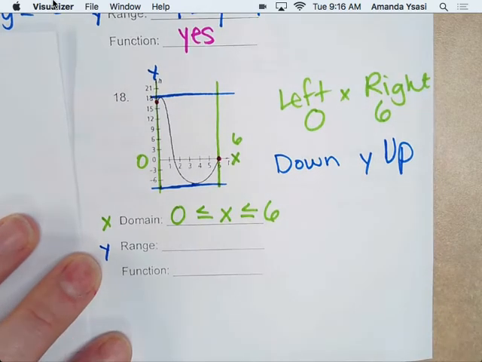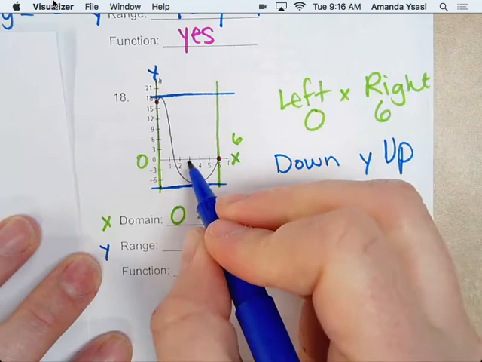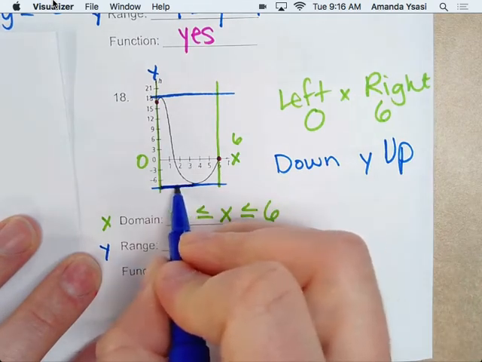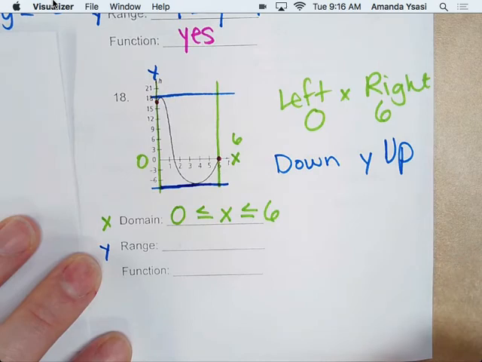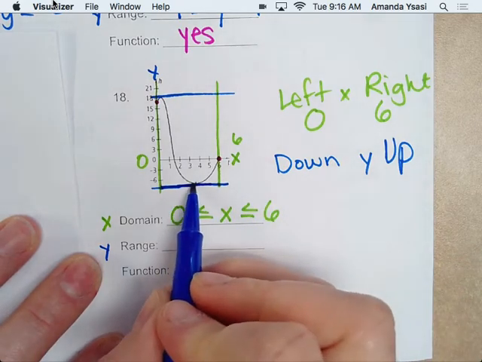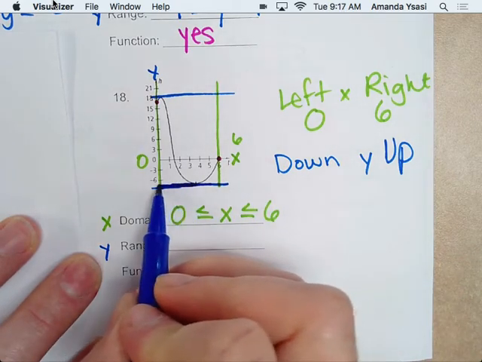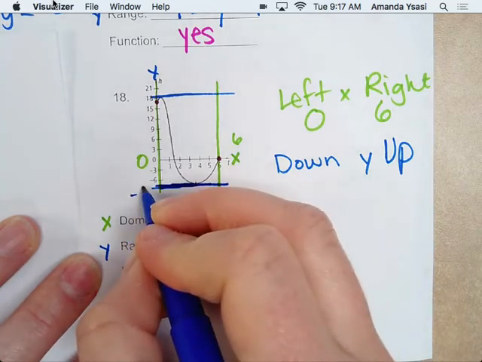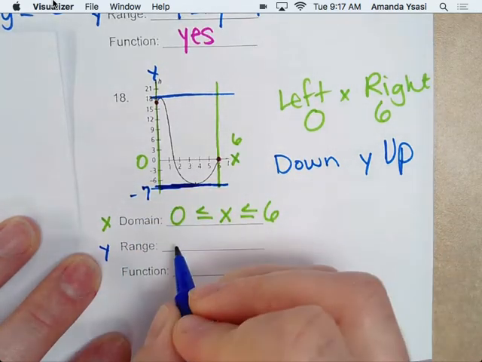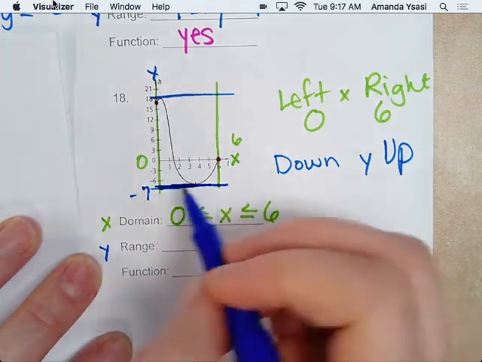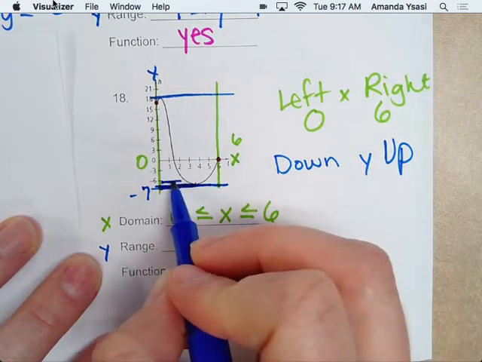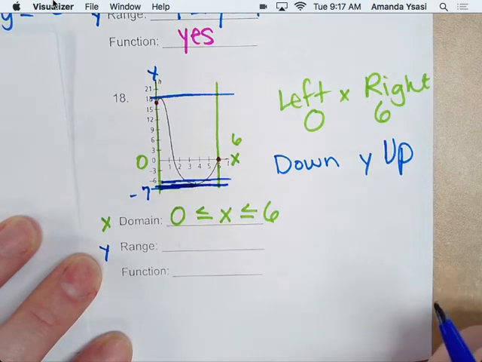Okay, and then down and up. So how far down does the function go? It looks like it goes further than -6, though. I don't know. It's kind of maybe -7. There is no -7, but it goes further because if I do this all the way across, doesn't that go above it?